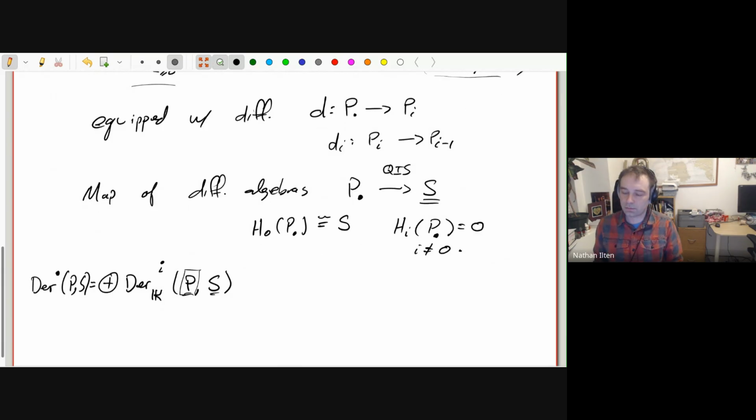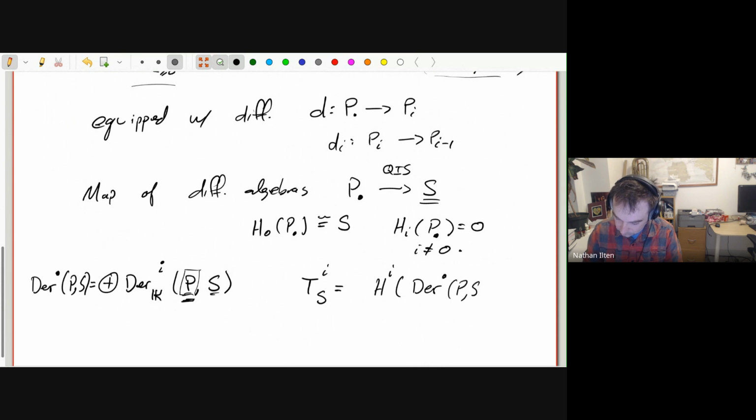Okay, and so the differential on my algebra P induces a differential on this derivation complex. And so now we can define the ith cotangent cohomology of S just to be the ith cohomology of this derivation complex. Okay, and so this is not quite the same way that this was originally done by Andre and Quillen.